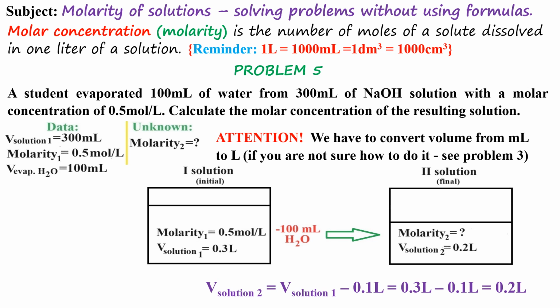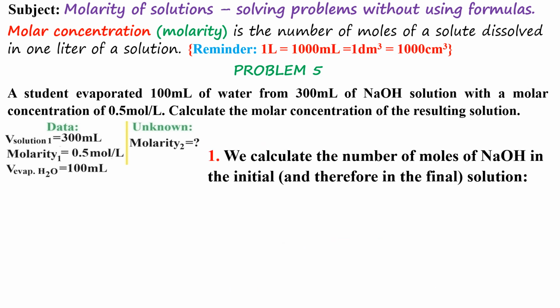The volume of the final solution is equal to the volume of the initial solution minus 0.1 liter, so minus the volume of evaporated water. In this problem, we need to calculate molarity of the final solution.